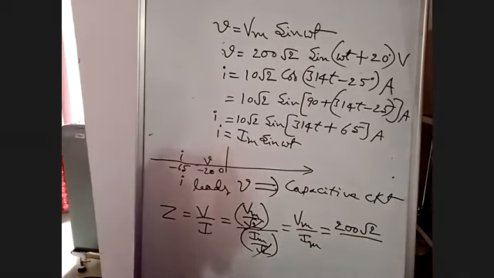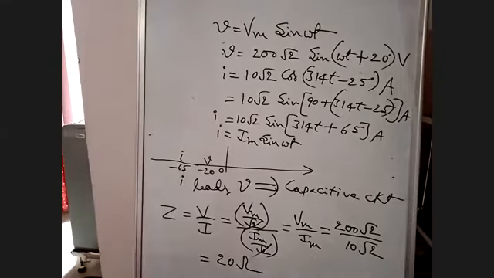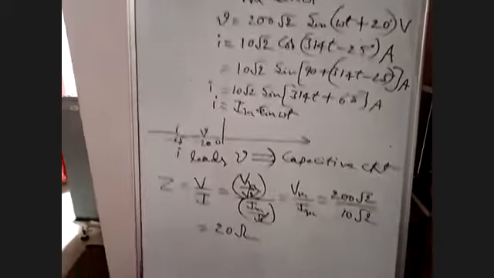What is Im? 10 root 2. That is your impedance Z. I have calculated the impedance Z.